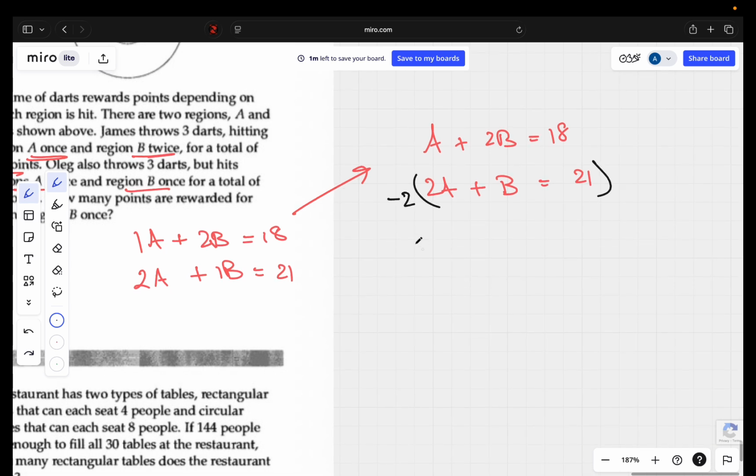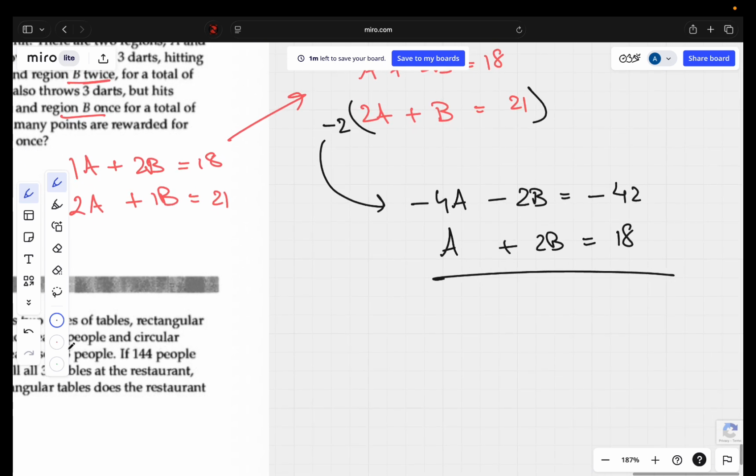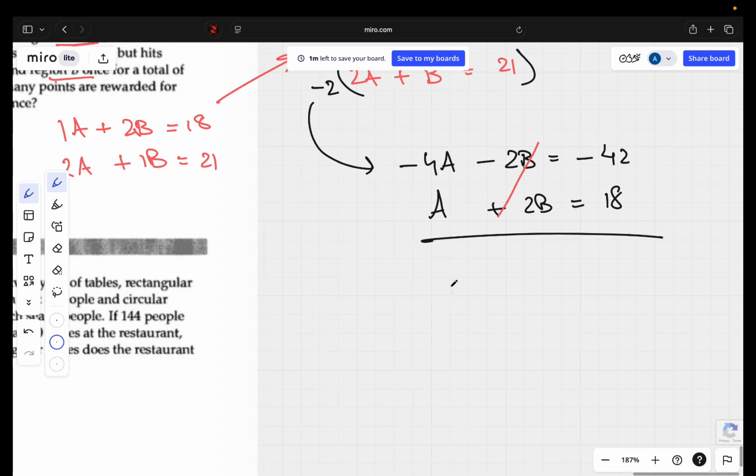So that's going to be -4a minus 2b equals minus 42. That's the second equation, and the first one I'll just copy here: a plus 2b is 18. The 2b cancels out. Negative 4a plus a is negative 3a. Negative 42 plus 18 is negative 24.